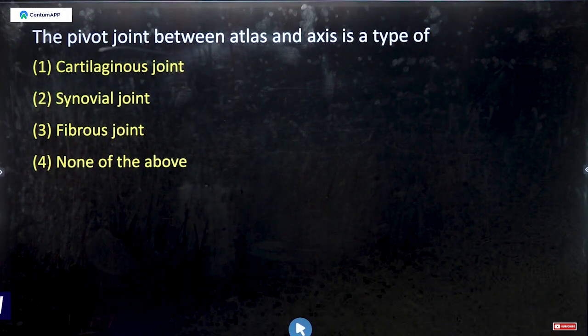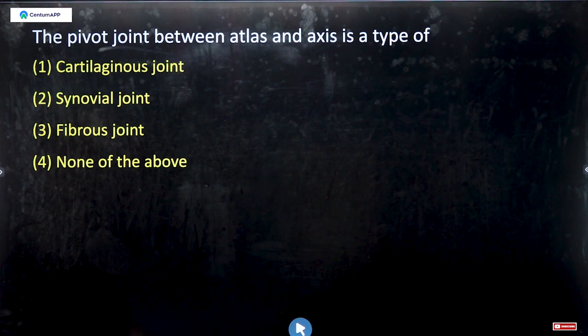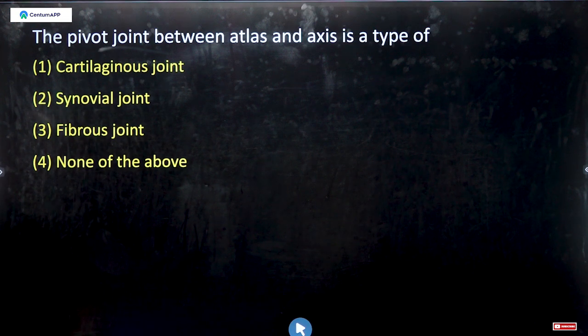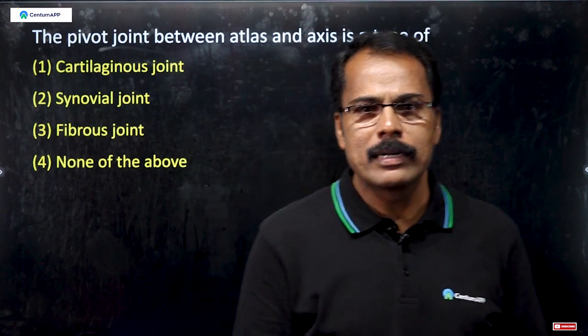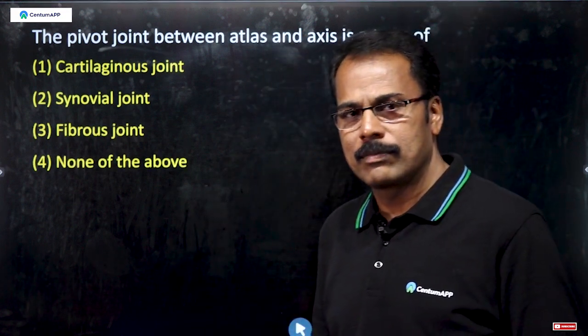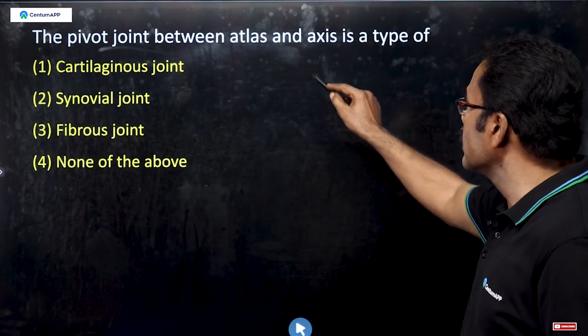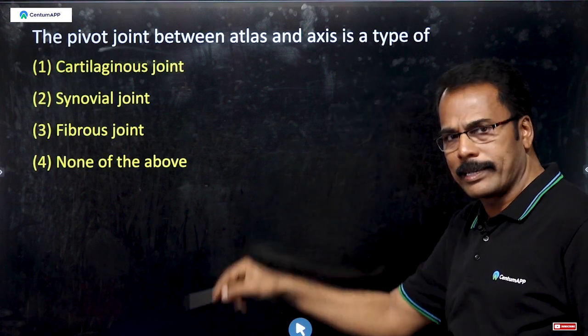The pivot joint between atlas and axis is a type of. So, the first vertebra is atlas and the second vertebra is axis. The first cervical vertebra is atlas, the second cervical vertebra is axis.